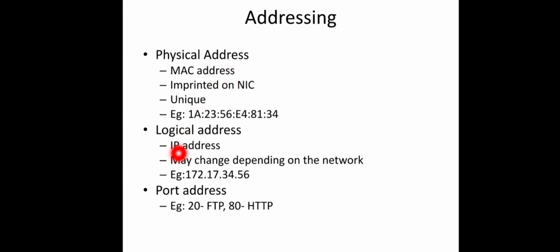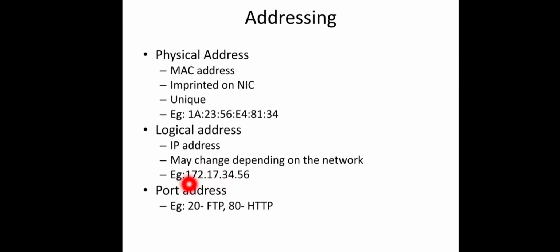In the case of the internet, the IP address is an example of a logical address. Every machine is assigned an IP address, and depending on the network to which our machine currently belongs, the IP address changes. In IP version 4, we use 4 decimal numbers separated using dots to represent the IP address. Using these 2 addresses we can identify a machine.